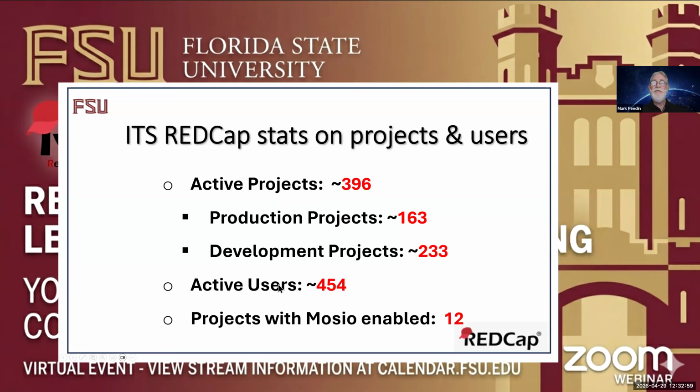We have approximately 454 active users. Just a reminder, active users are defined as users that have logged in the past 365 days. We also have now 12 projects with Mozio enabled. I don't believe I have any Trulio enabled at this point.